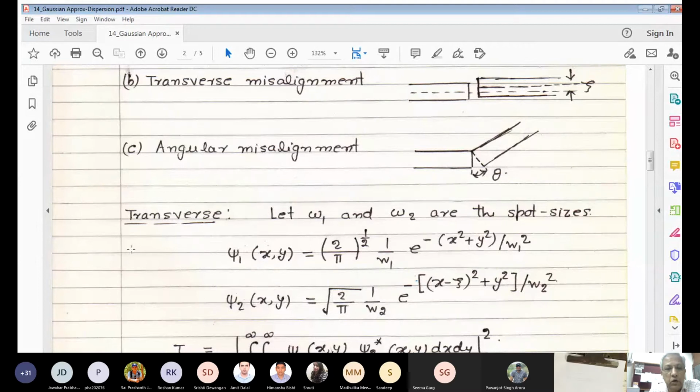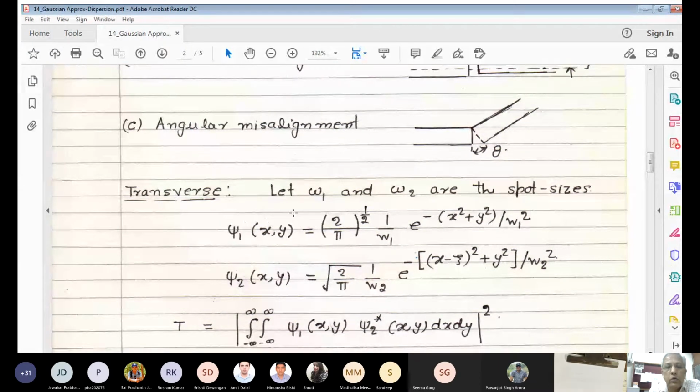And how have I done the normalization? The integral of psi1 star psi1 dx dy, over minus infinity to plus infinity on both x and y, is equal to 1. Similarly, psi2 is also normalized. And these are the normalized forms. For psi2 of the second fiber, because the axis is not aligned and there is a misalignment xi, this will be described by x minus xi squared plus y squared.